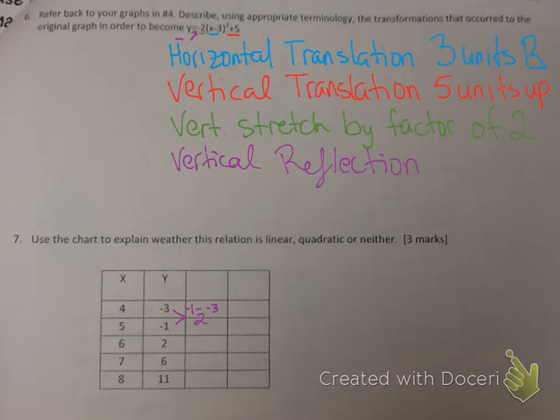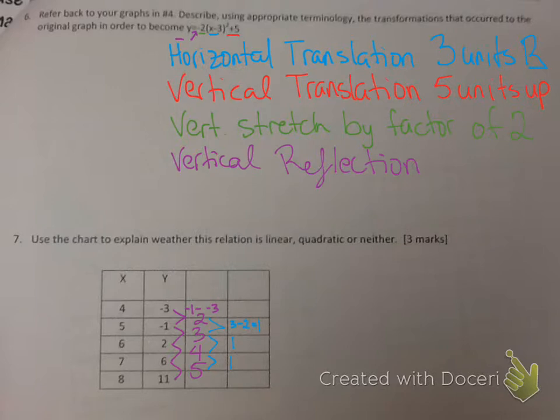That gives us 2. Then we're going to go 2 minus negative 1. That gives us 3, and so on. Right? To get the second differences, all we're going to do is subtract the first differences. So first one's going to be 3 minus 2, and that's 1. And then the next one's going to be 4 minus 3, that's also 1, and so on.